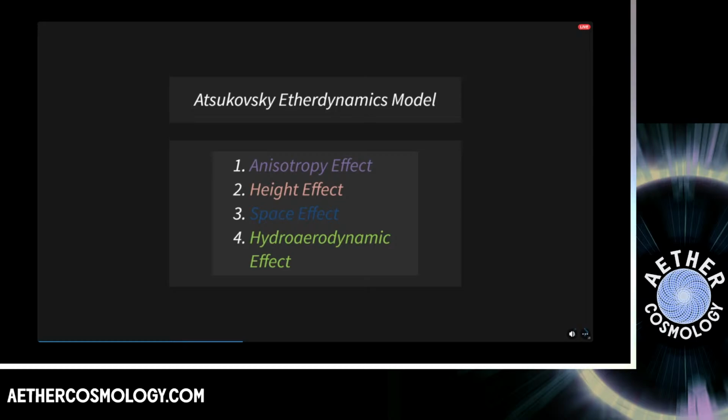So we can use this framework to logically deduce the existence of the material media, if not directly, indirectly by logic. So we have the anisotropy effect, the height effect, the space effect, and the hydroaerodynamic effect. In the next couple of slides, we're going to break down what each of these means, and then we're going to go over interferometry.